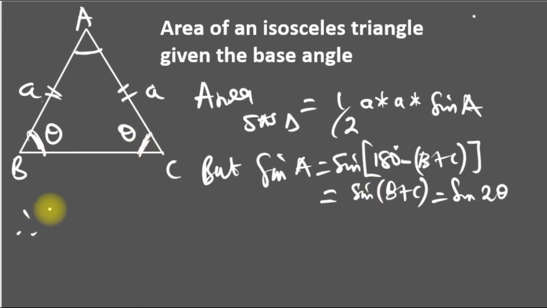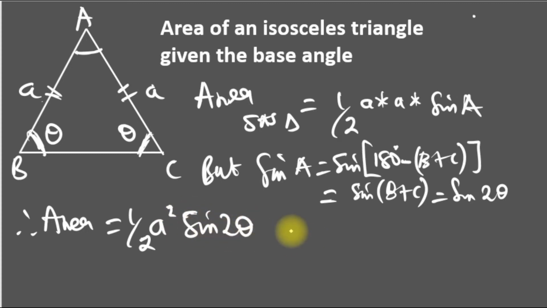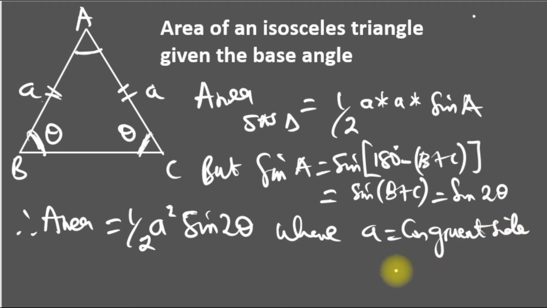So therefore the area we are looking for is half A squared sine 2 theta, where A is the congruent sides and theta is the base angle.